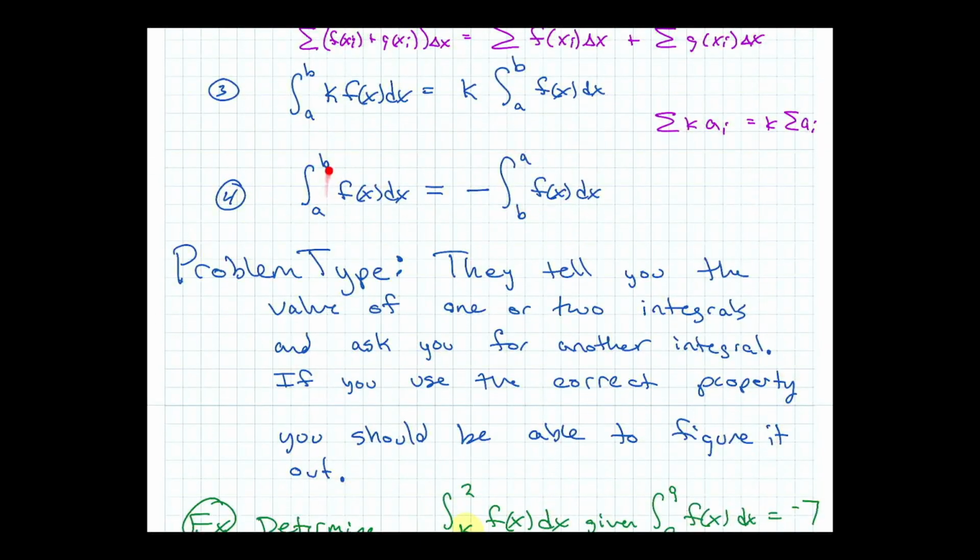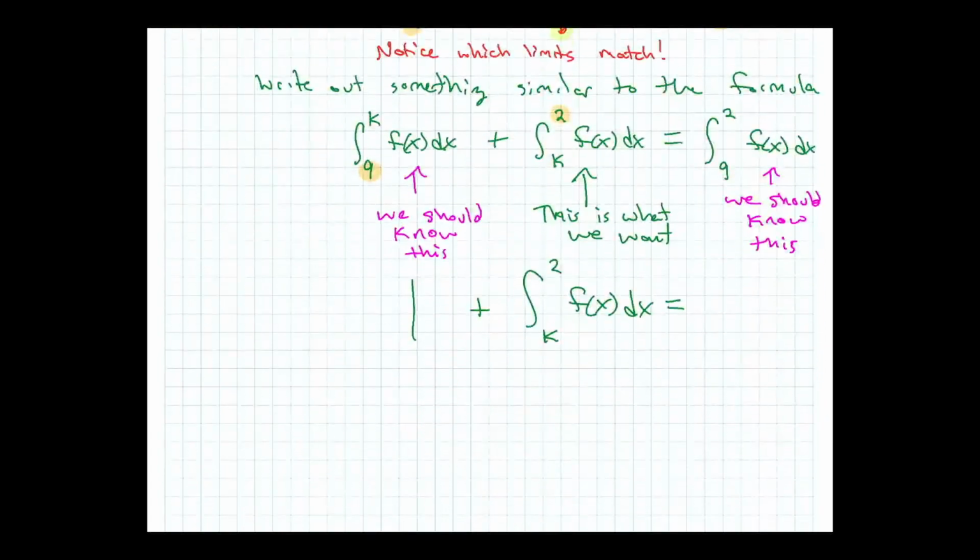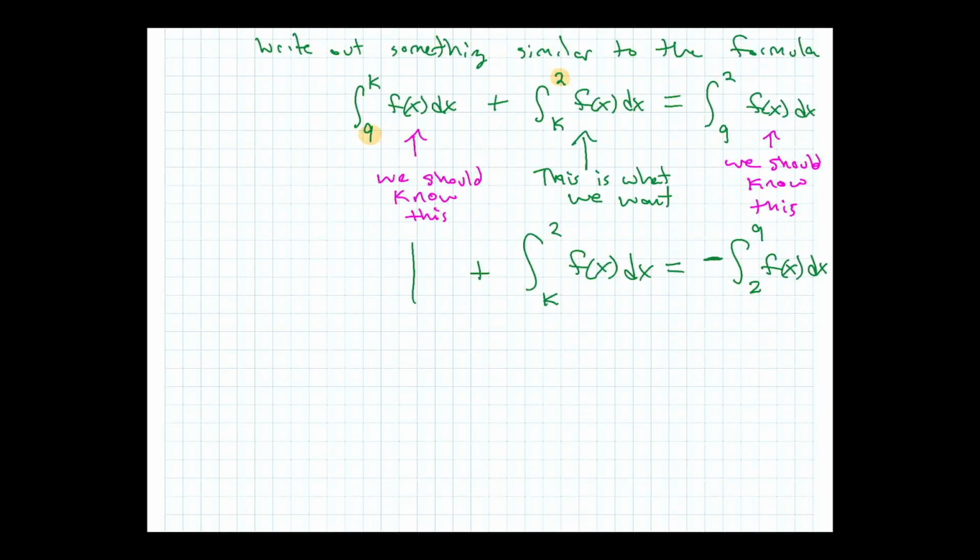If you want to switch the top and the bottom limits, like here it's a on bottom, b on top, you can switch them, you just have to add a minus sign. So I'm going to do this in 2 steps. It's actually equal to negative 2 to 9 of f of x dx. And that was using a property to switch the limits.